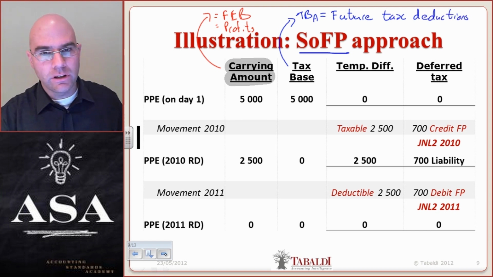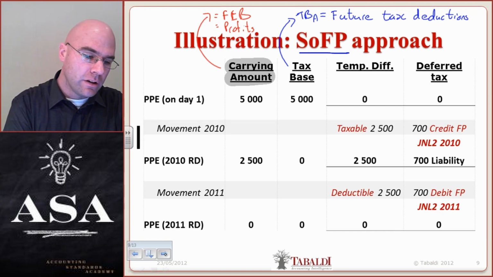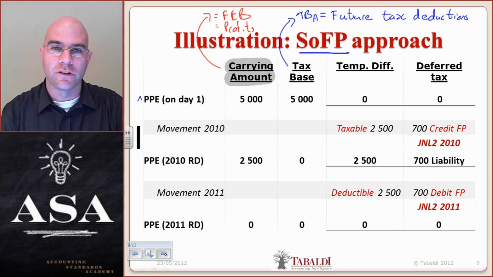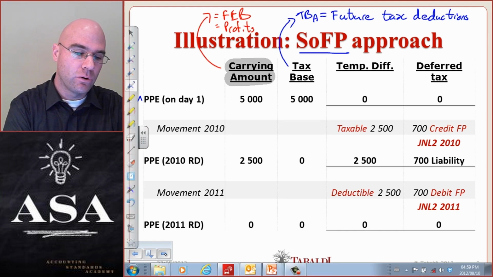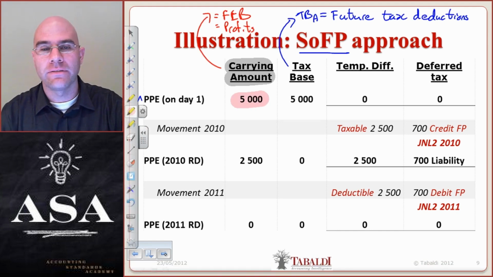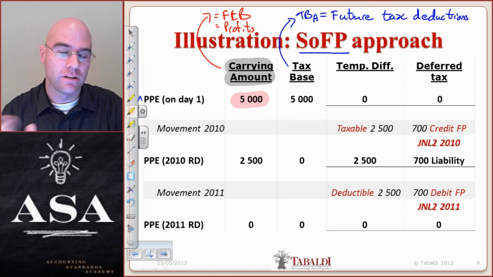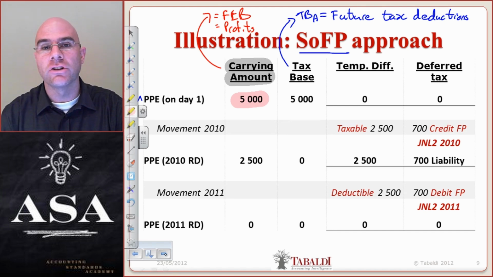So in this scenario, let's have a look on day 1. On day 1 of my property, plant and equipment life, I purchased the asset and I purchased it for 5,000 units of currency, whether it be rands, dollars, euros, whatever. That 5,000 Rand represents, at a conservative estimate, 5,000 Rands worth of future economic benefits.